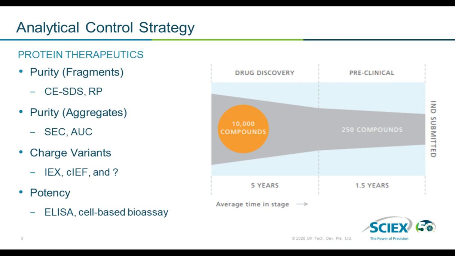And so when we think about that, we're going through so many compounds, developing assays for all these compounds, when maybe a fraction of that will make it to IND, and a fraction of that will make it to market. We still have to put in all that time, all that effort at the beginning to make sure we have quality methods. We would always try to leverage what we could.